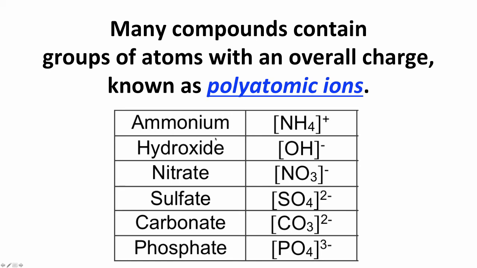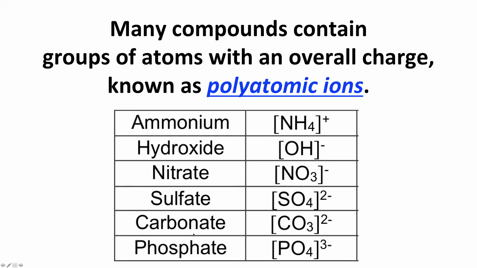So ammonium is the polyatomic ion of 1 nitrogen, 4 hydrogens, and the total of that 1 nitrogen and 4 hydrogens has a charge of +1. Hydroxide is 1 oxygen, 1 hydrogen, bonded together with an overall charge of the group of -1. Nitrate is a nitrogen and 3 oxygens with an overall charge of -1 for the whole group.